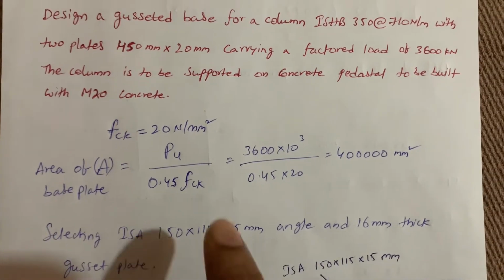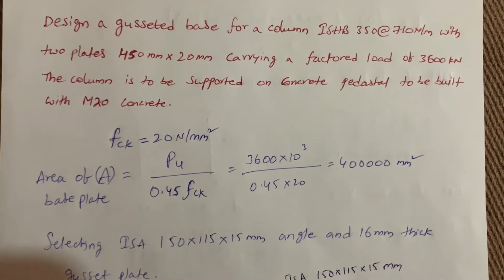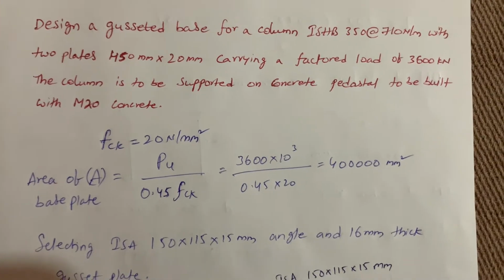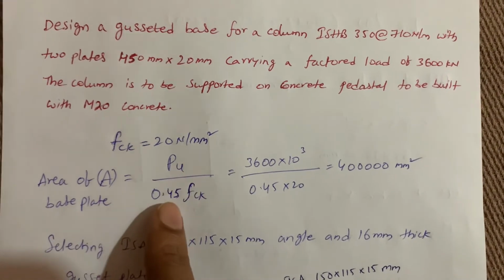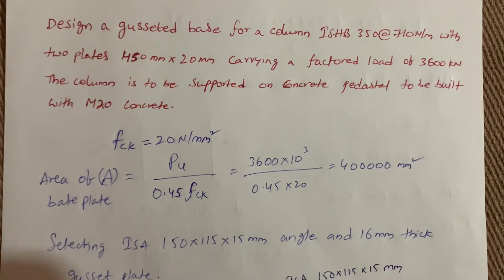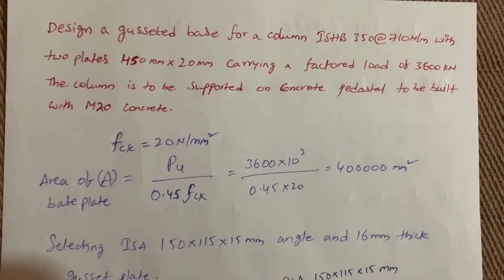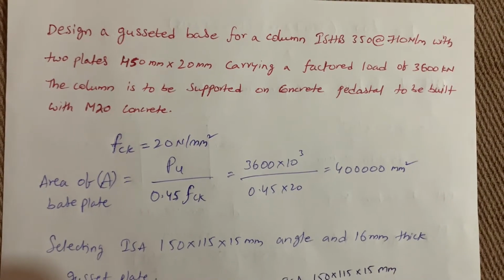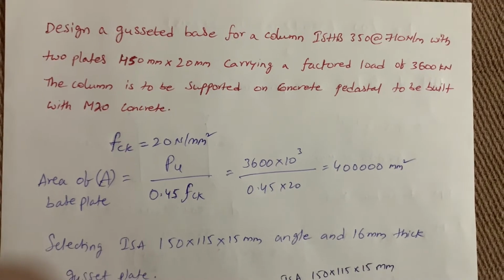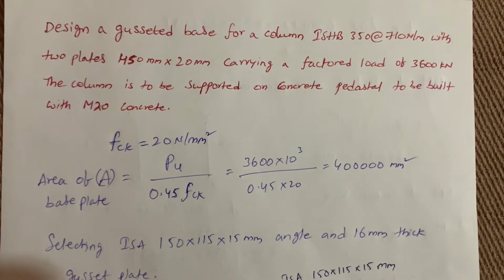Here the base is connected to concrete, so the area of the base plate is load divided by 0.45 fck. The load is 3600 and fck is 20. So I got 400 by 300 mm square.